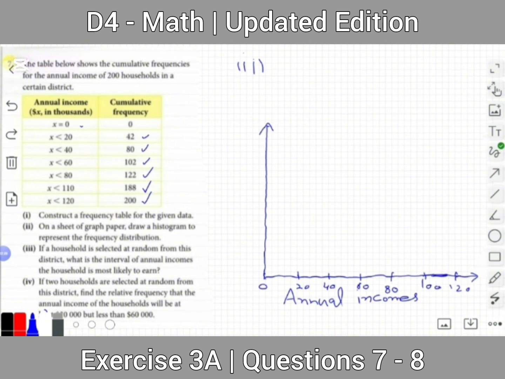Now we will scale the y-axis with the points, and those points are the frequencies. So here we have the points 0, 20, 40, 60, and 80.